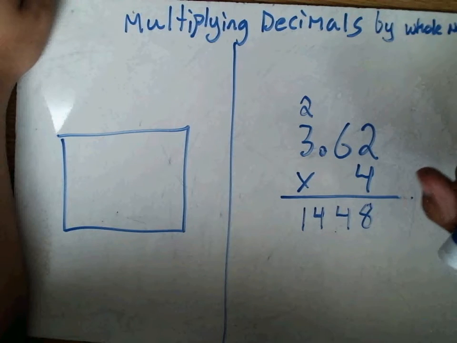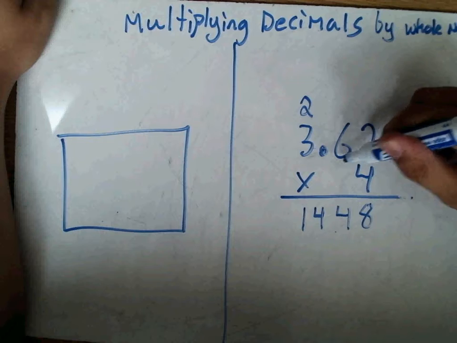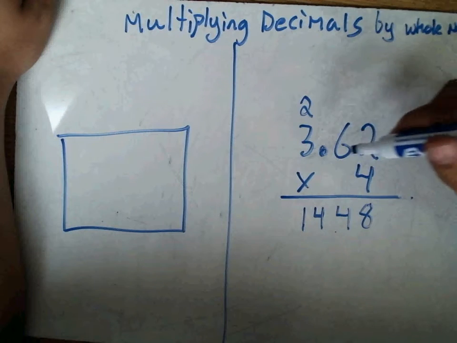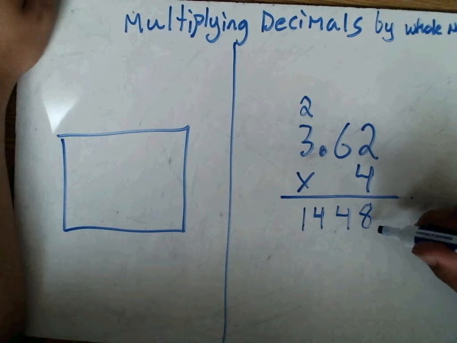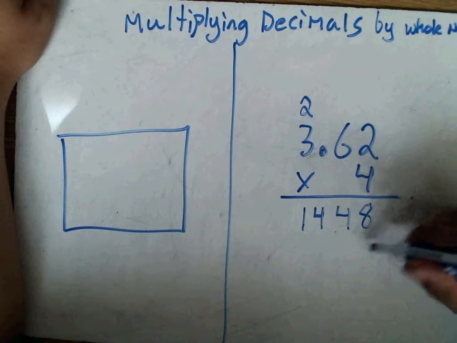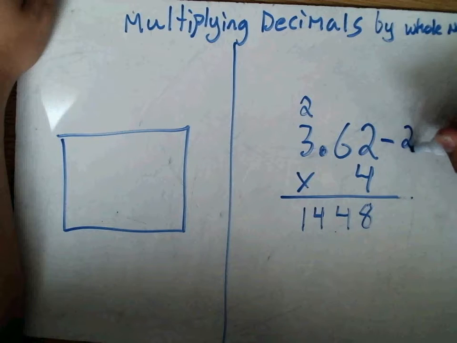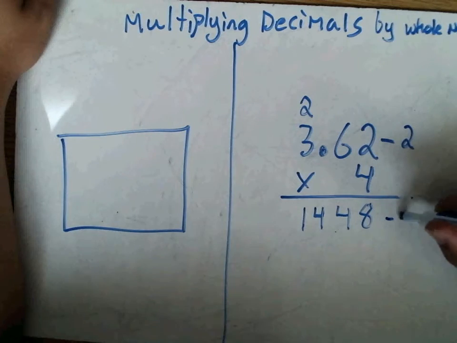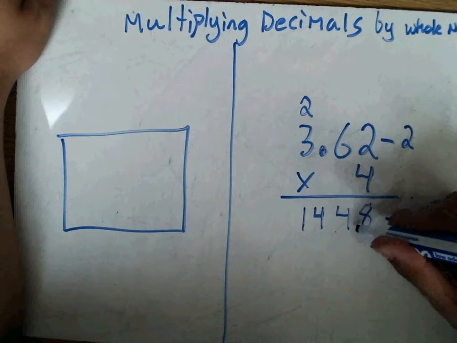So if we remember, we were two place values to the right of the decimal point. That's how many decimal places from the right we're going to count back. Okay? So we had 2 to the right up here, and we're going to count 2 to the left down here. So we've got 1, 2.